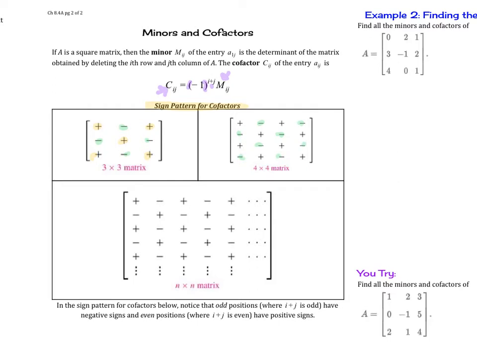Now in the sign pattern for cofactors above, notice the odd positions where i plus j is odd. So remember, i represents the row, j represents the column. So where i plus j is odd, when you add it together, then it has negative signs, and then it's positive when i plus j is even. So remember, for example here, if we're looking at this first position, this is Aij, so this is the first row, first column.